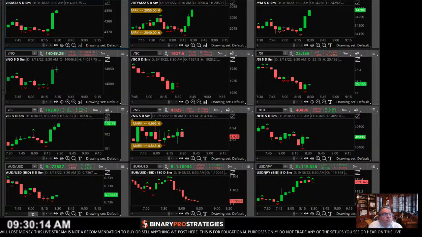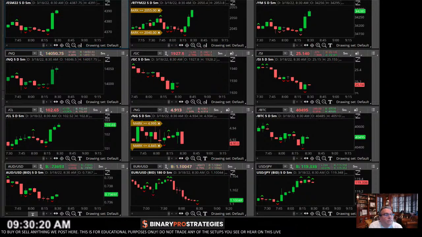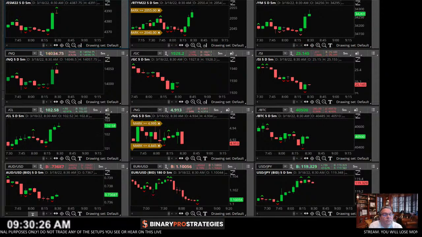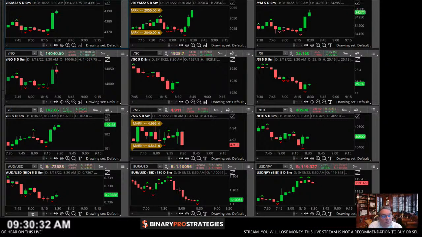Watching for a reversal on R2Y. Still short R2Y, still long natural gas.